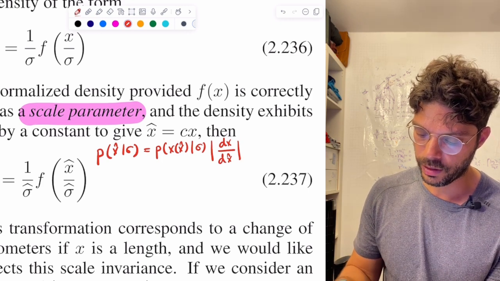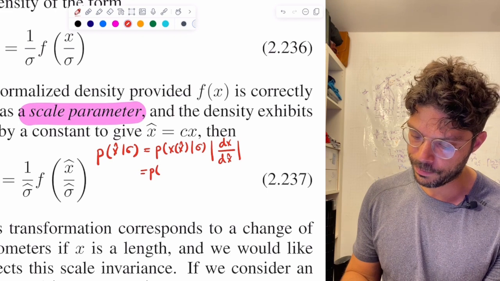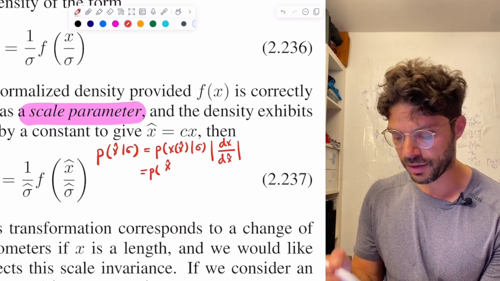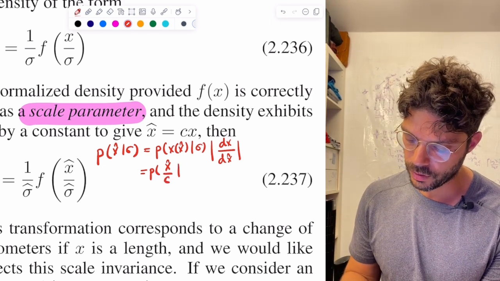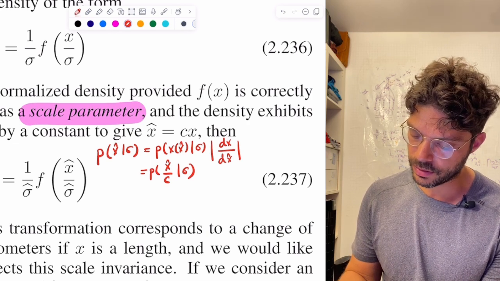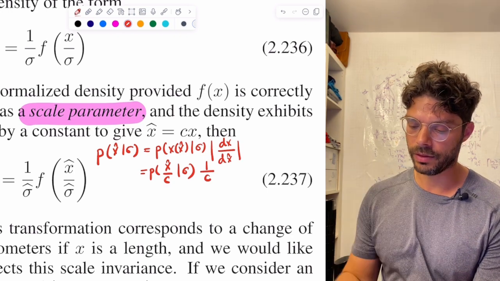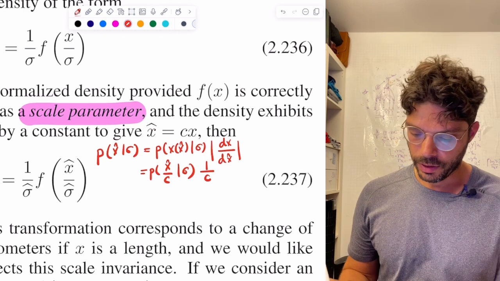And now this is going to equal p of x hat over c given sigma times dx, so that should be 1 over c, right? That's the volume element, that determinant element thing.